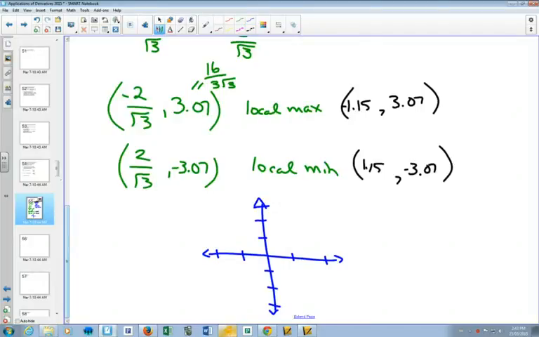We know we have 0, 0, negative 2, 0, and 2, 0. We're going to have 1.15, negative 3.07. And negative 1.15.